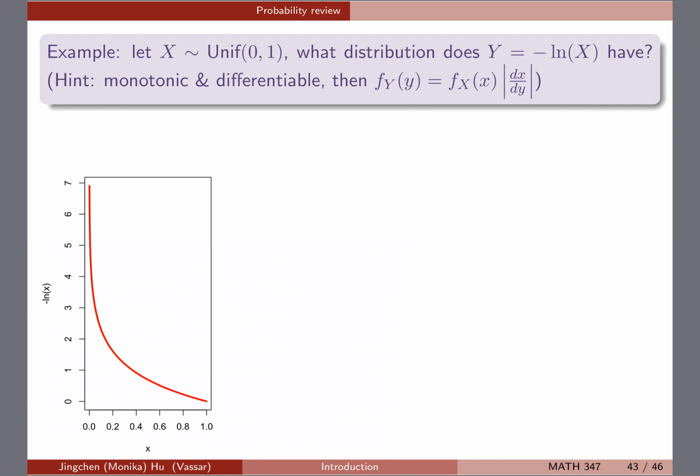And we have y to be negative ln of x. From the formula, you see that you need to get dx over dy, and also express f_X, and then you get the PDF of y. I will wait for 1 minute to let you think through it, and then we'll walk through it as a whole class and continue.